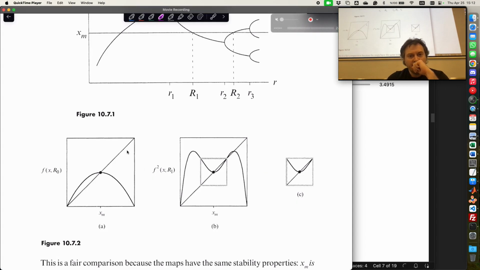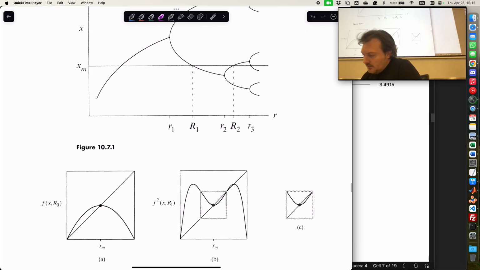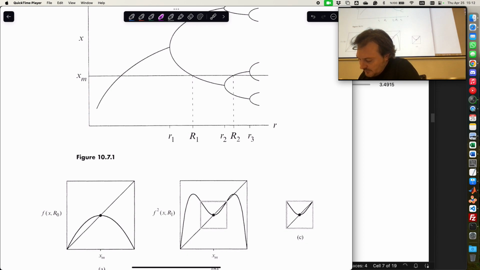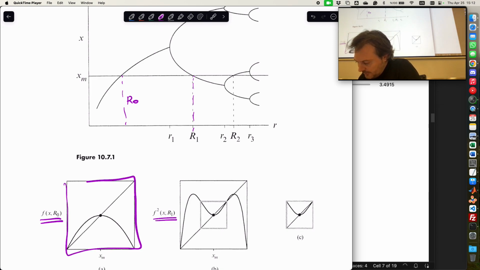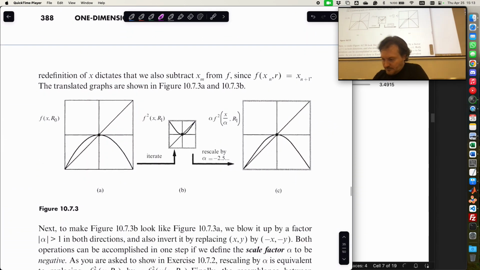Feigenbaum realized that if you plot this at R0, this is, I presume, R0. If you plot f(x) at R0 and then you plot f squared at R1, this picture looks very similar to this picture, but only reversed and stretched out. Let me give you another example.